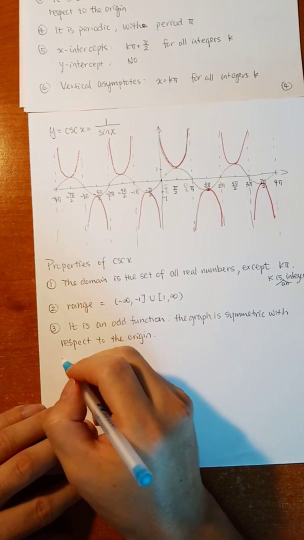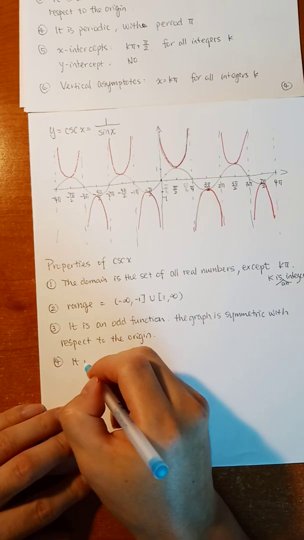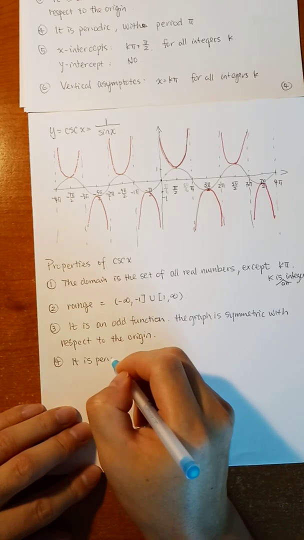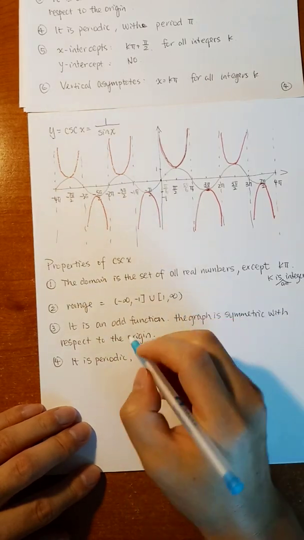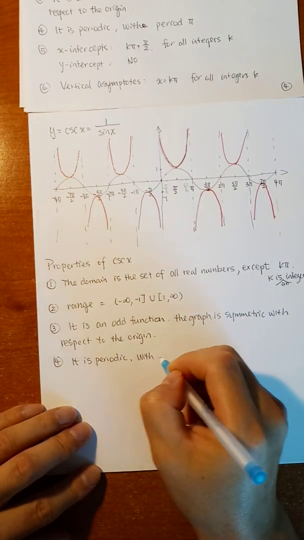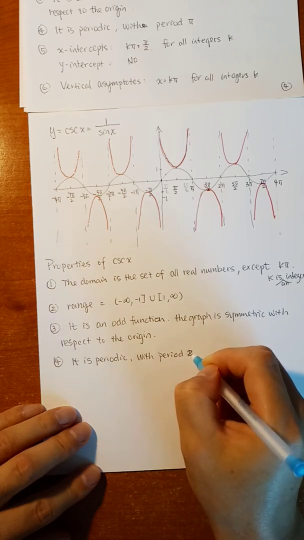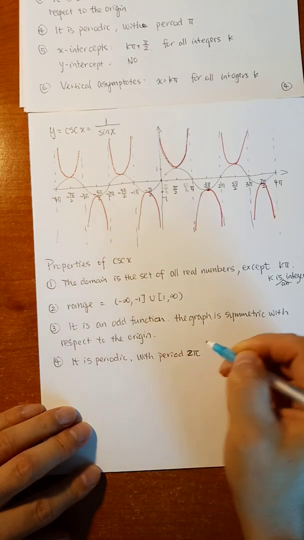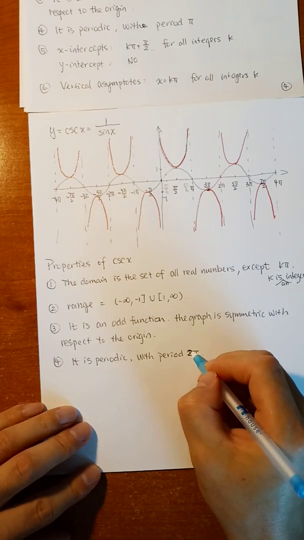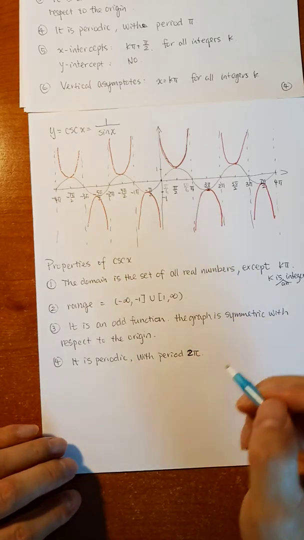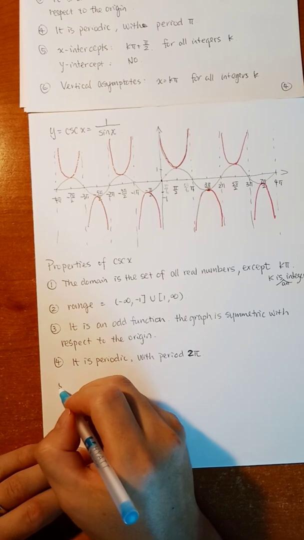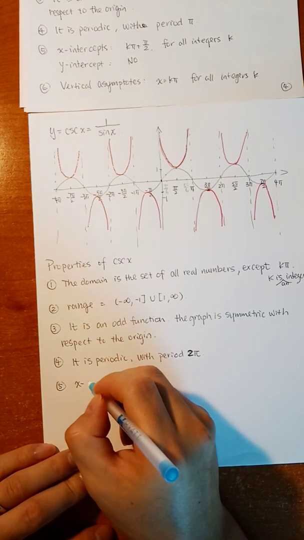And 4, it is periodic with period 2 pi. Only tangent and cotangent have period pi. The other 4 trig functions have period 2 pi. 5, x-intercept.